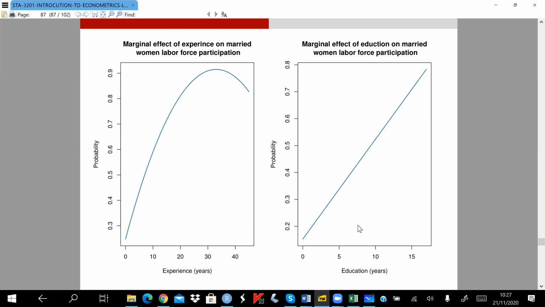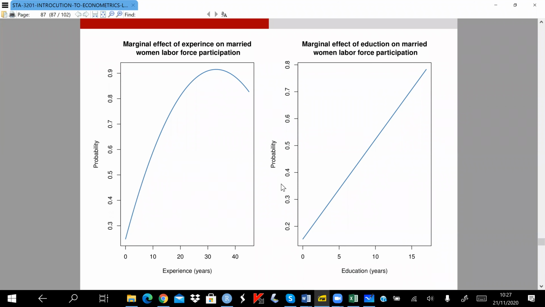The same case here: if education was 40 or 50 years, this is a straight line, so it might go past 1, and we don't expect it to go past where we expect 1 to be. So these are potential problems of the linear probability model.